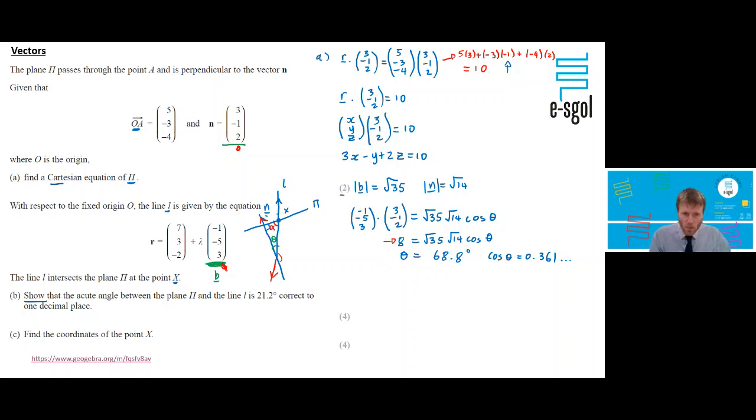I found this green angle, but I want the angle between the plane and the line. So to get that angle, alpha is just 90 minus 68.8. That's 21.2.